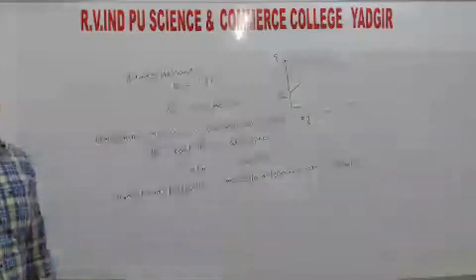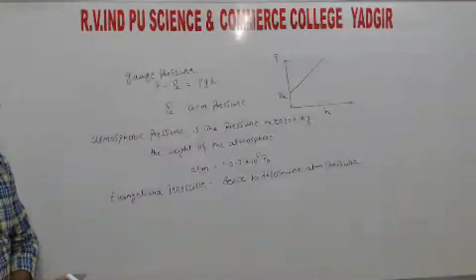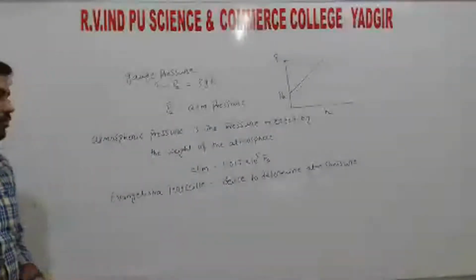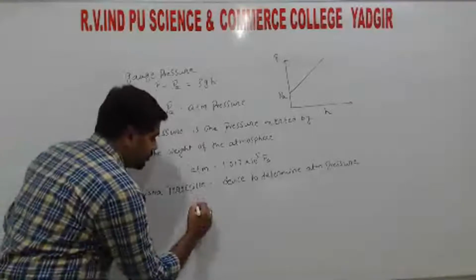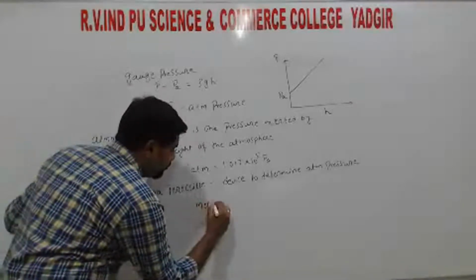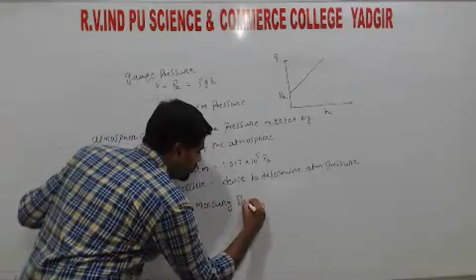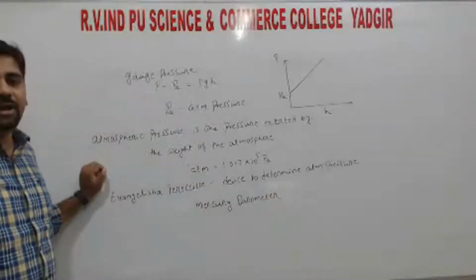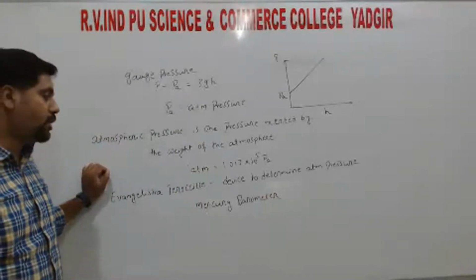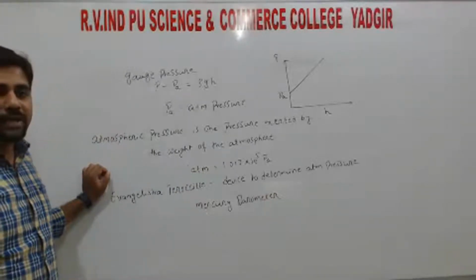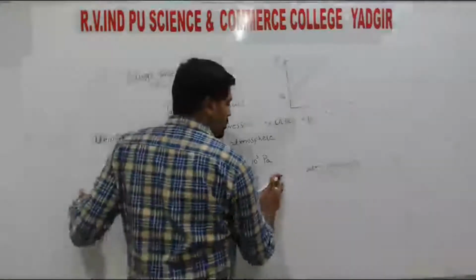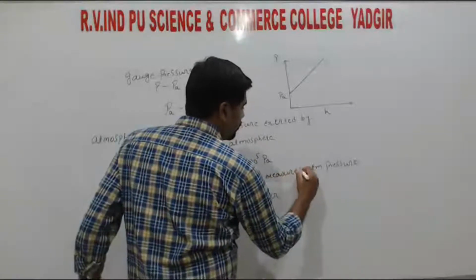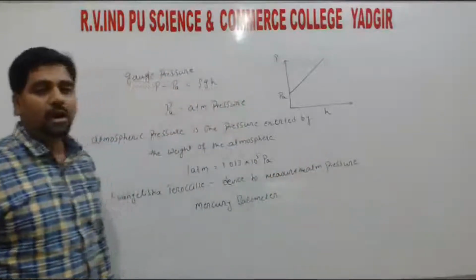He first derived it, that means, to measure the atmospheric pressure he introduced a device. That device is the Mercury Barometer. The Mercury Barometer is a device used to measure the atmospheric pressure.